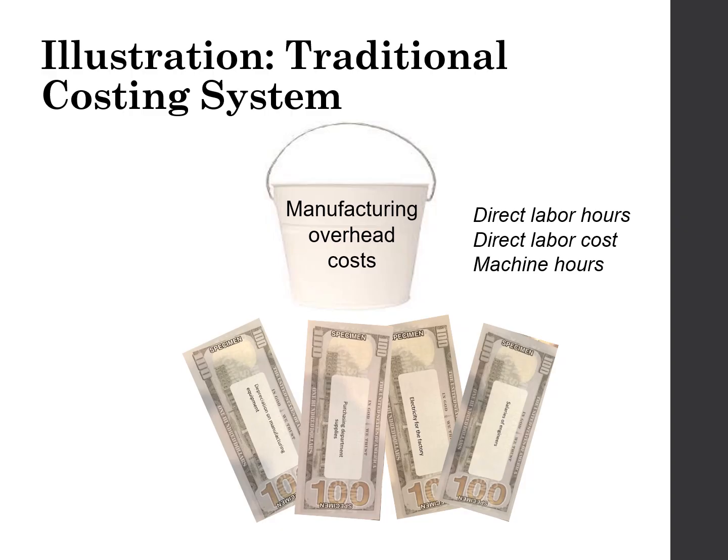Let's assume our estimated annual manufacturing overhead is $156,000, and we expect to use 8,000 direct labor hours. The predetermined overhead rate is $19.50 per direct labor hour. We will use this amount to assign overhead to products.